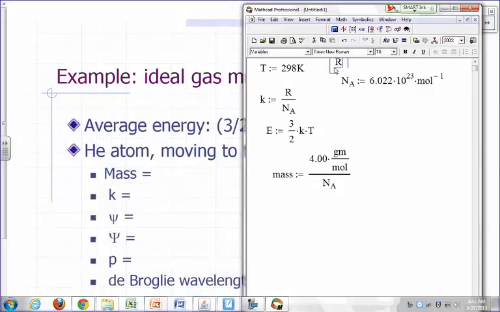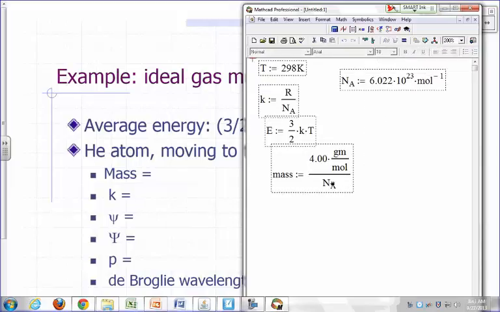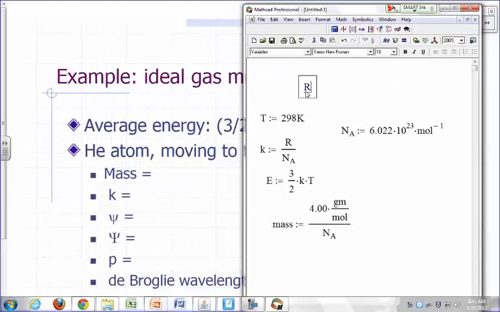And R, the gas constant, is 8.314 joules per Kelvin per mole.